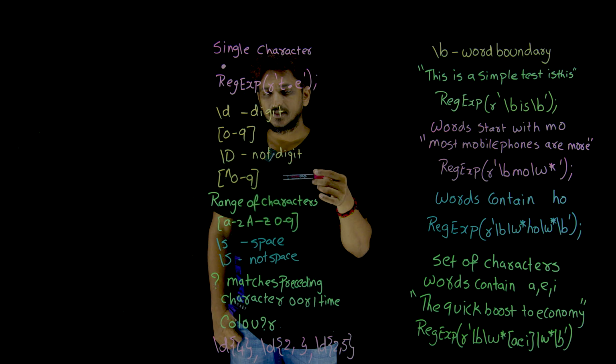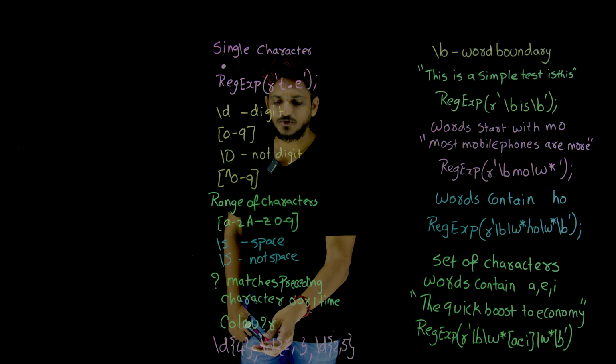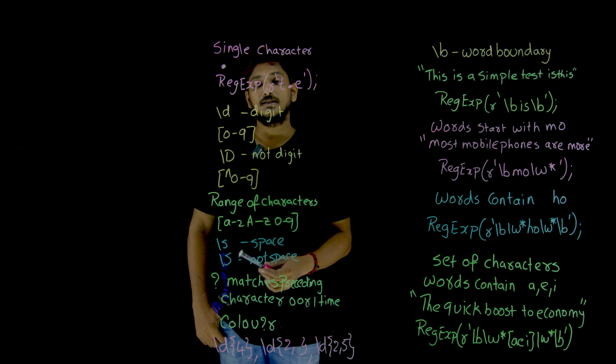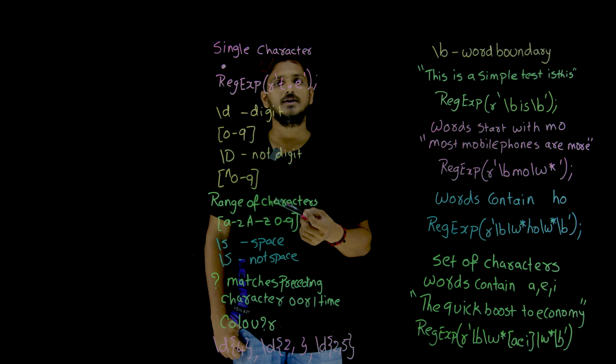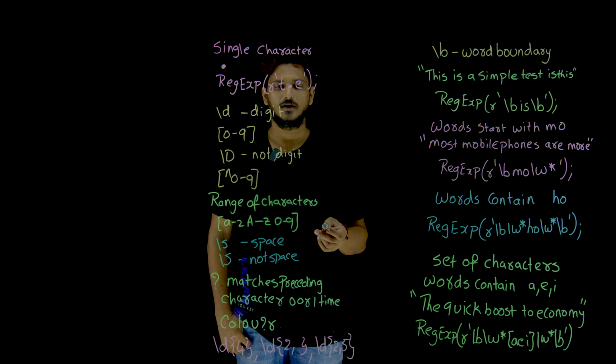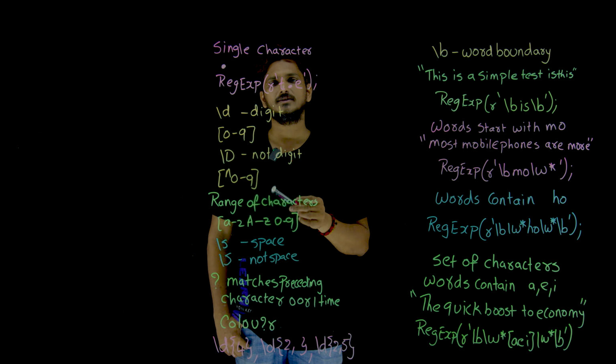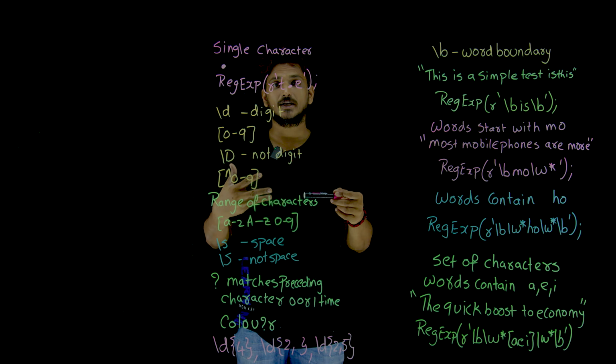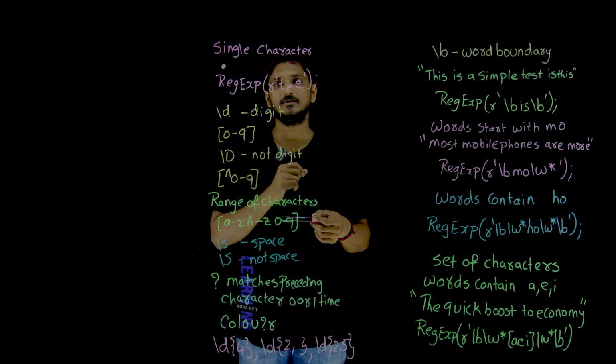With an example you are going to understand. Suppose you have colou?r. See, in American English, color is written as COLOR. In British English, color is written as COLOUR. So if you are reading a text, you have to identify both the words.